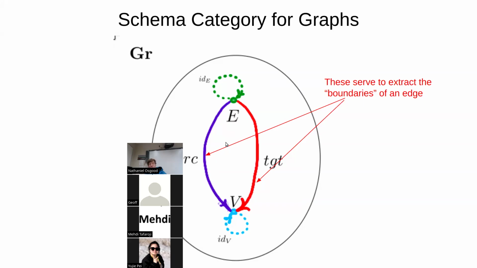So if we have an edge, we can pick out the vertices that are on its left and on its right, forgive me for speaking crudely, or its source and its target. So we're finding the boundary of the edge, which is the terminology that Daniel Rosiak is introducing here. Every edge has two boundaries. Are we comfortable with that idea?